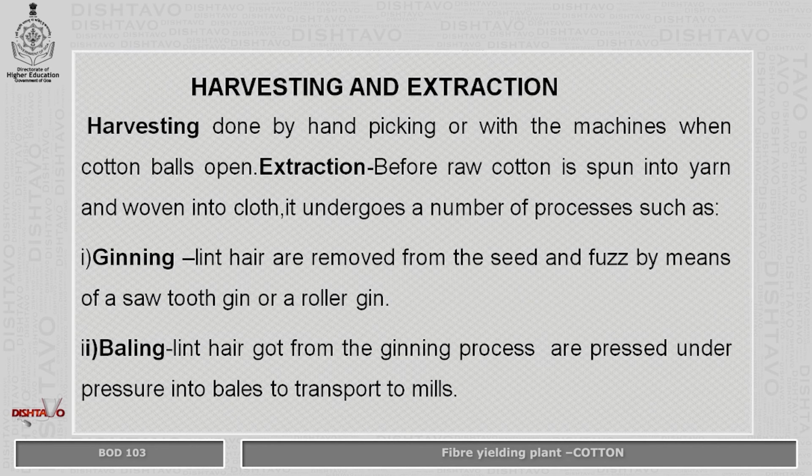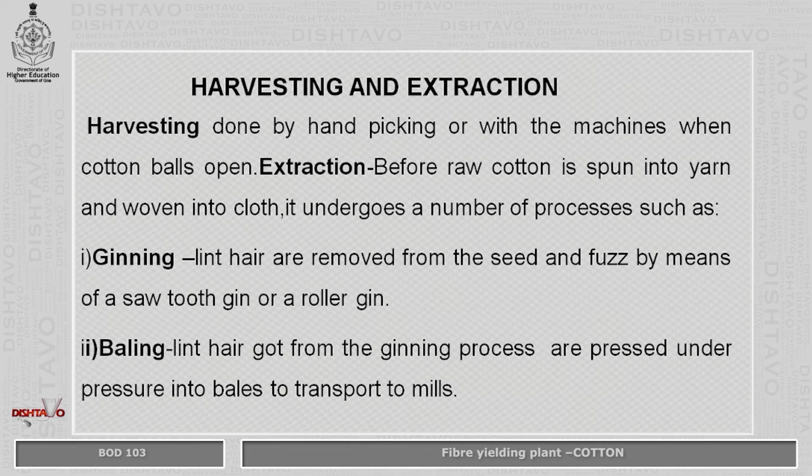Moving on to harvesting and extraction. It can be done by hand picking or, in developed countries, with machines, where the cotton bolls are opened. Extraction is done. Before raw cotton is spun into yarn and woven into cloth, it undergoes a number of processes. First, ginning, where the lint hair is removed from the seed and fuzz by means of a sawtooth gin or a roller gin.